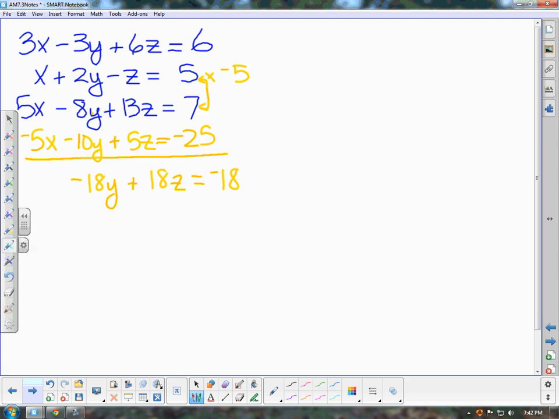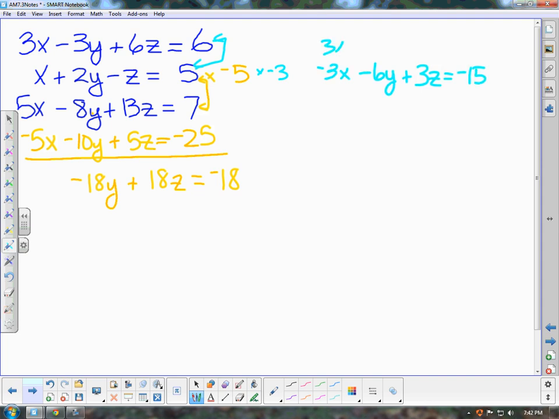Now we need to try to eliminate another x variable, so we would combine possibly those two and multiply this one by a -3. When we multiply by a -3, we would get a -3x minus 6y plus 3z equals a -15.